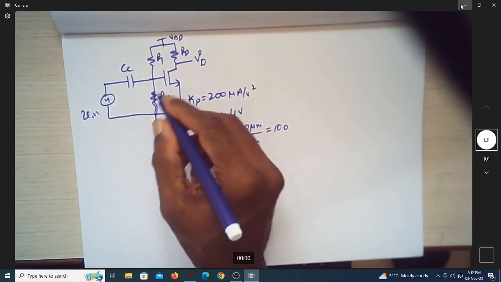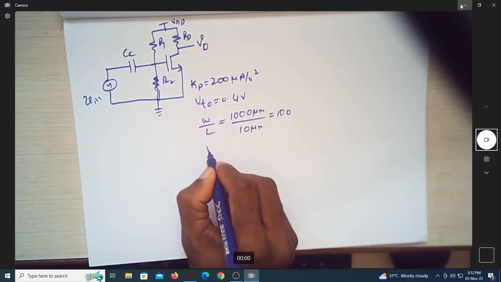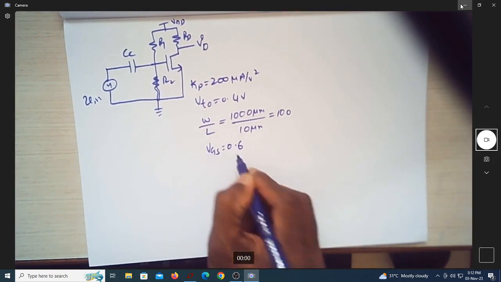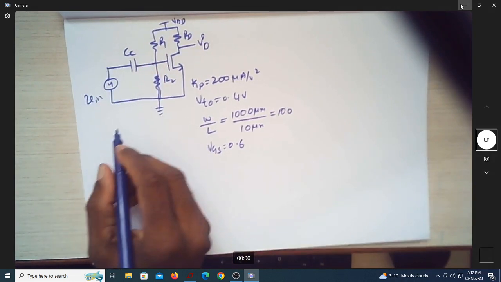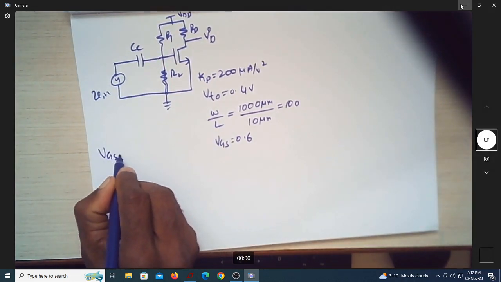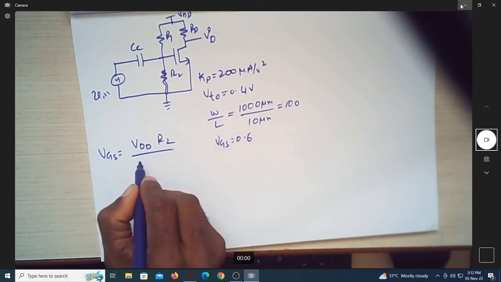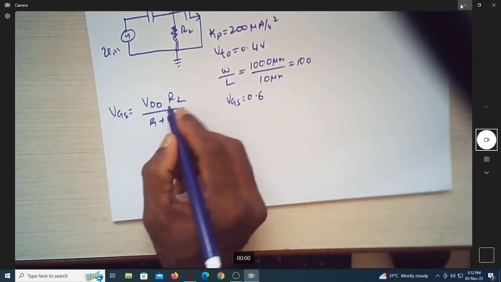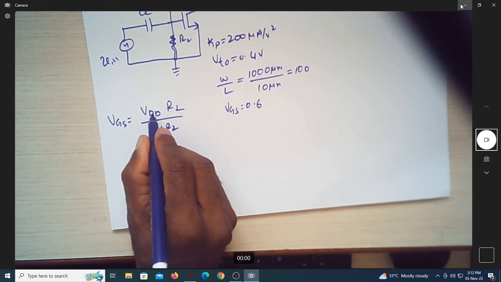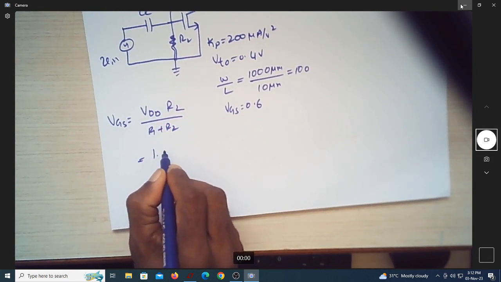So let us assume a VGS of 0.6. What is that VGS expression? VGS is equal to VDD R2 by R1 plus R2. Since VDD is 1.8 volt, we are assuming this.